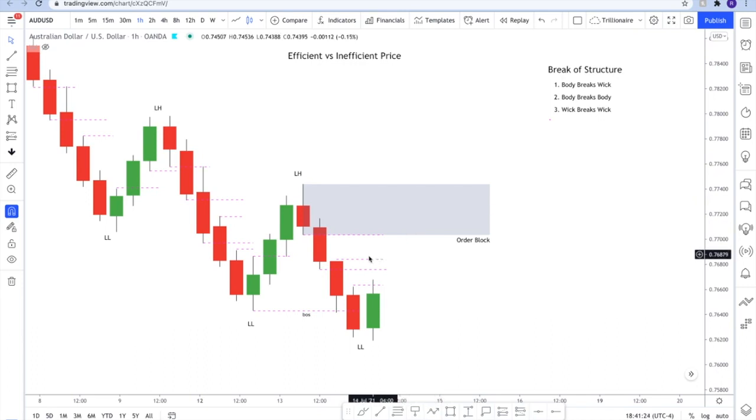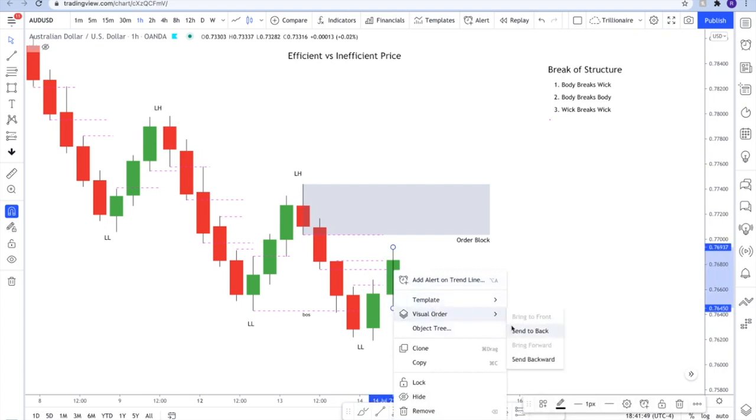All right, so that's what we'll be looking for price to do, which is why we'll be able to take a trade. So let's go through this as if we were live within the market. All right, so price would make its way to the upside, creating efficiency within the market. Let's send this to the back.